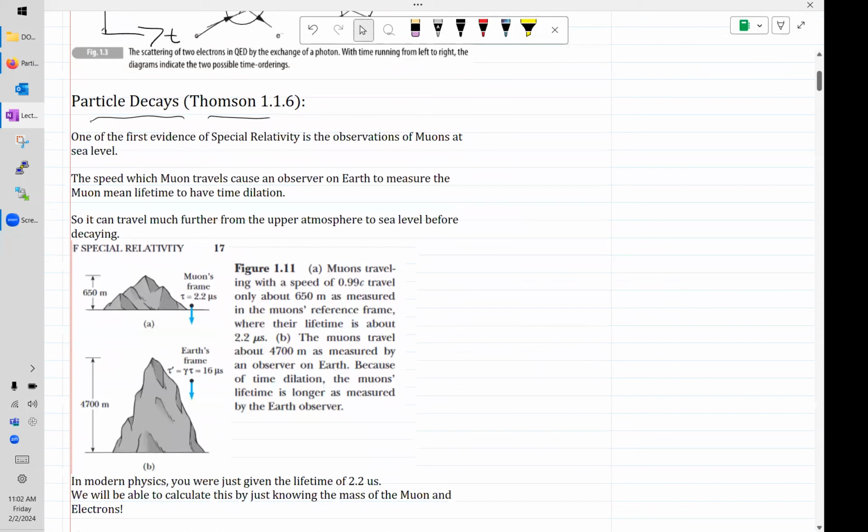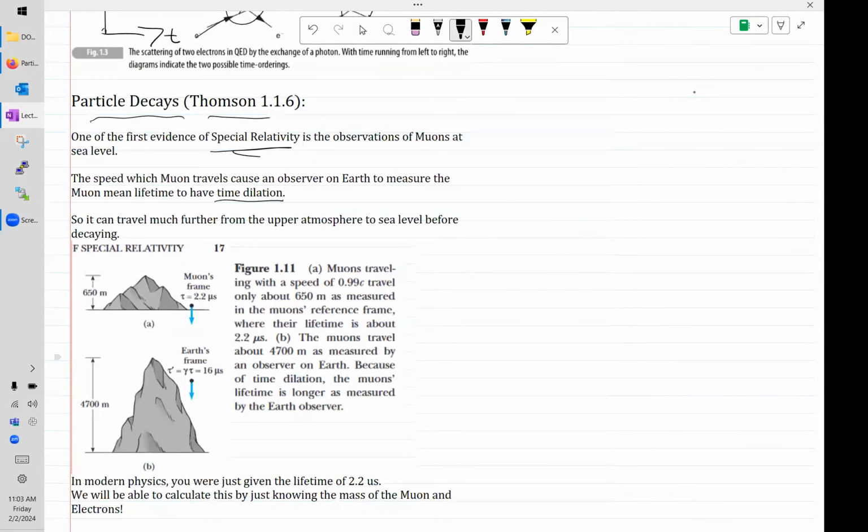The prime example of this, which hopefully some of you have seen in your modern physics class, is muon decay. A muon is observed on the surface of the Earth because of special relativity. If there weren't time dilation, you would see about 10 to the minus 4 fewer muons on the surface of the Earth.